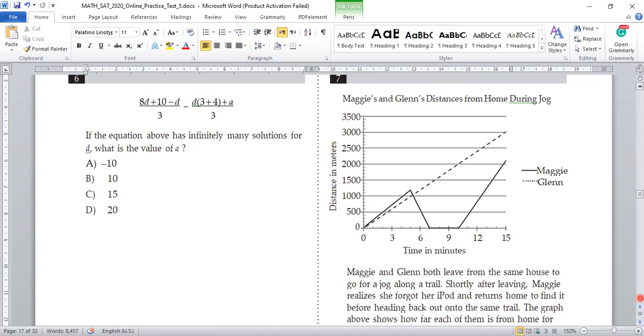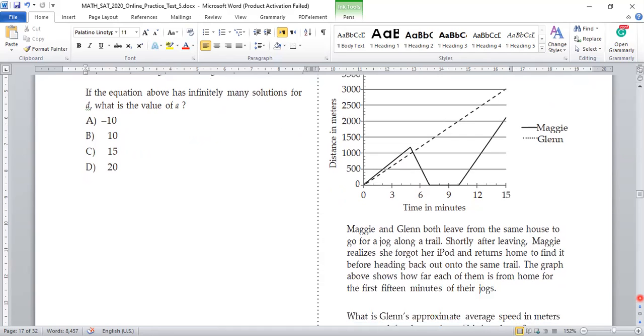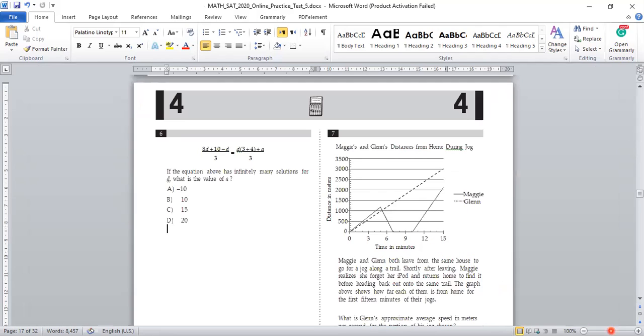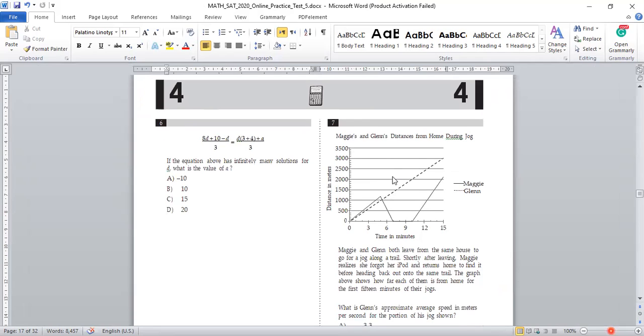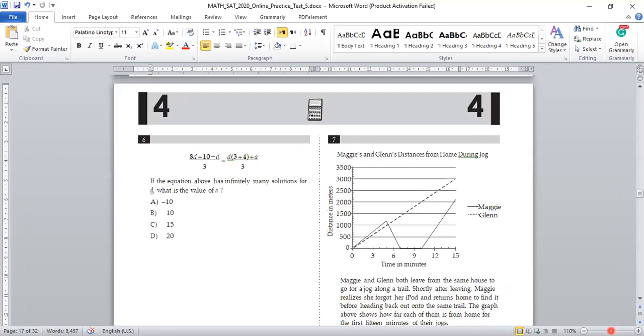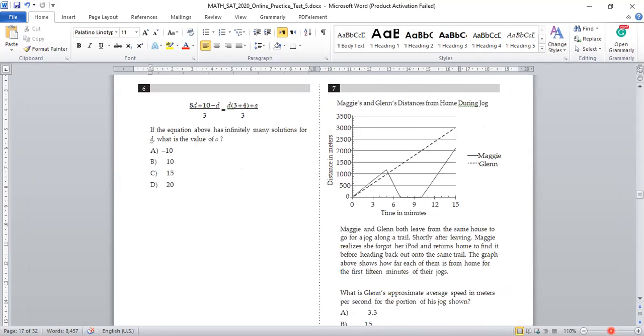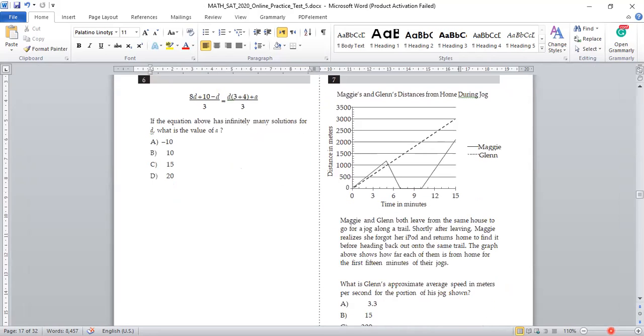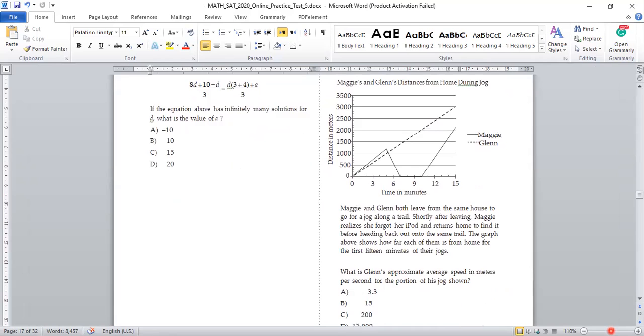So this is all about the graph, and now the statement is this one. Maggie and Glenn both leave from the same house to go for a jog along the trail. Shortly after leaving, Maggie realizes she forgot her iPod and returns home to find it before heading back onto the same trail. The graph above shows how far each of the joggers is from home.